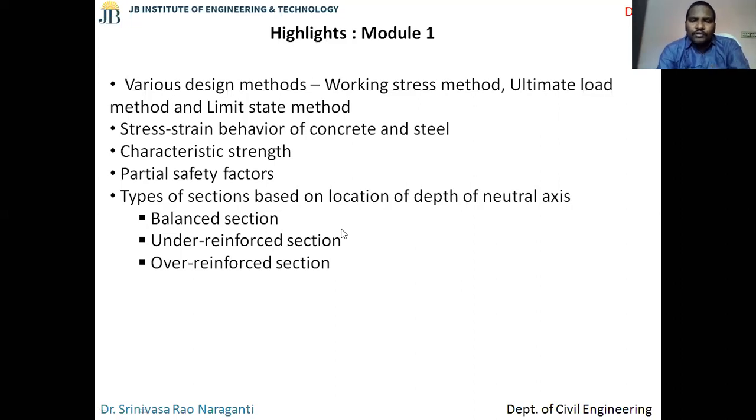After that, based on the depth of neutral axis, we divide the section into balanced section, under reinforced section, and over reinforced section. A balanced section is a section where strain in the steel and concrete reach their limits at the same time. Whereas in an under reinforced section, compared to the neutral axis of a balanced section, the depth of neutral axis will be less, and here the steel will strain more as compared to concrete.